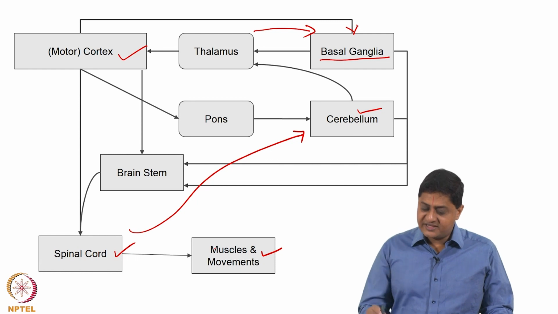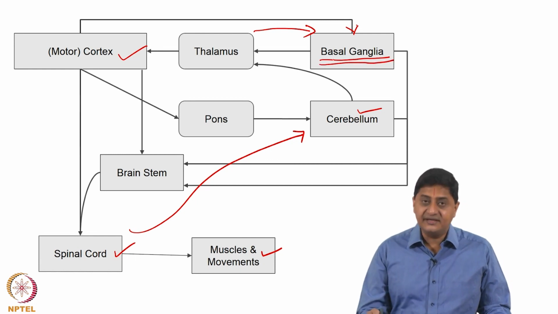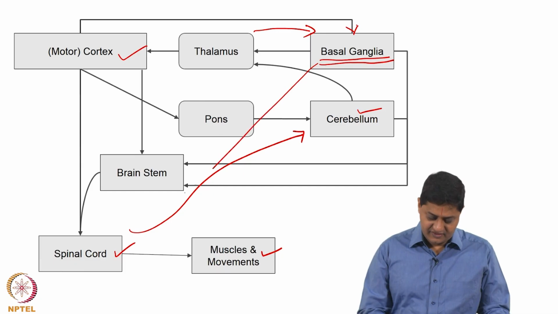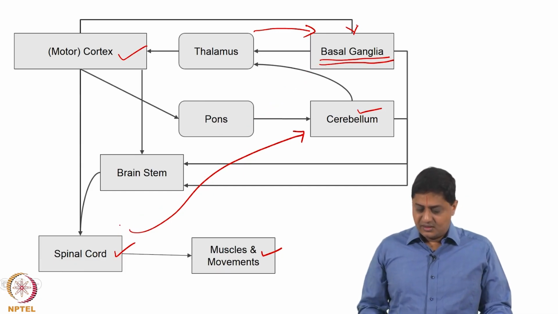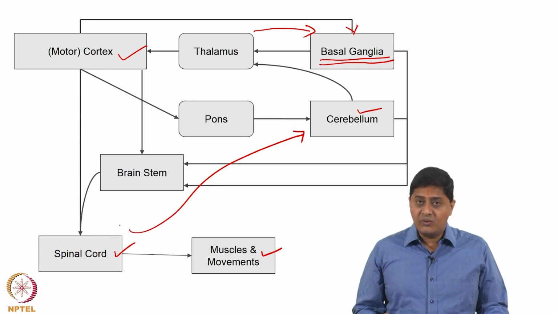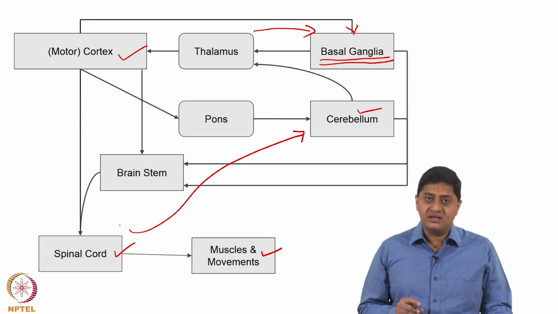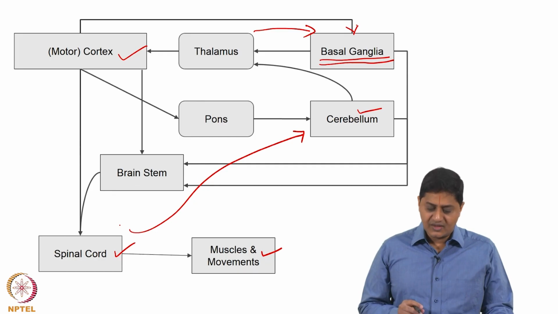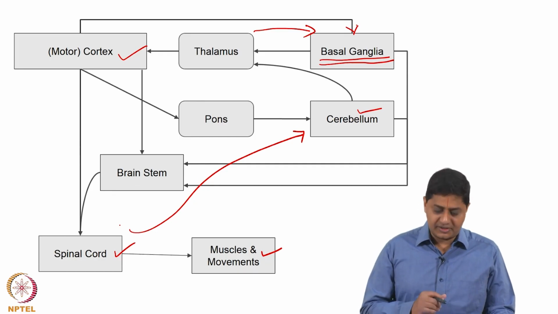So, essentially basal ganglia does not interact directly with the spinal cord. However, it modulates the outputs through interacting with the motor cortex.